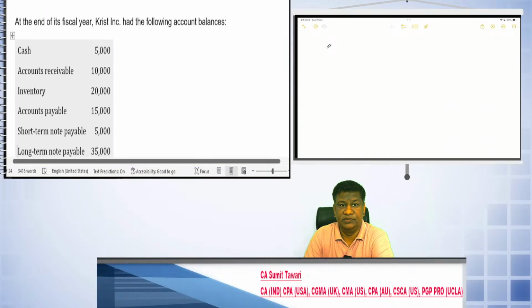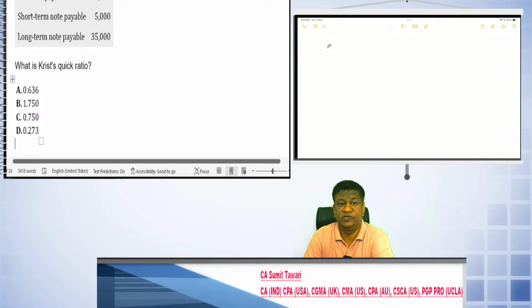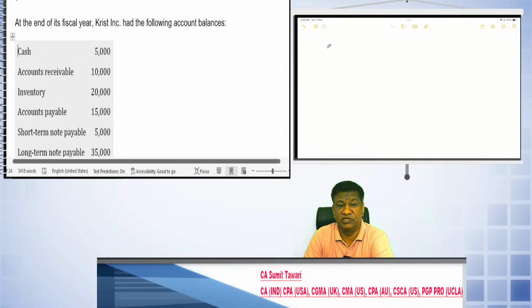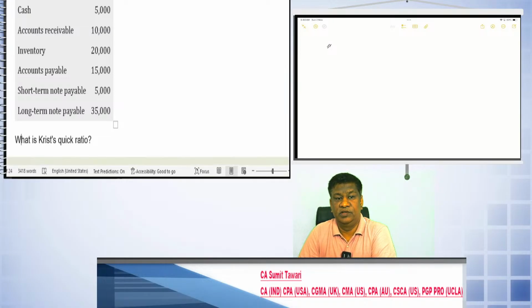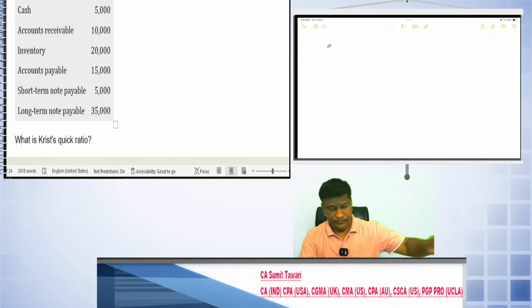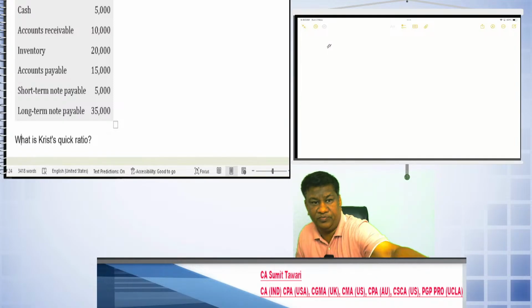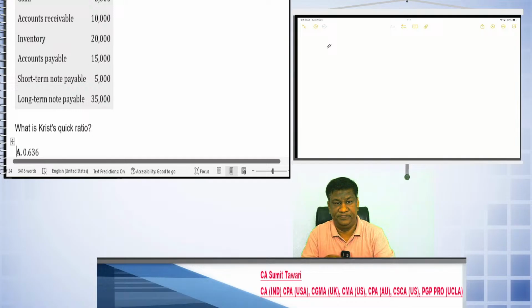C. Question number 6. You need to calculate the quick ratio. We already know what we need to consider in a quick ratio; we do not have to count inventory. What is the formula for the quick ratio? Liquid assets divided by current liability. Correct. 0.75. Yeah, correct.